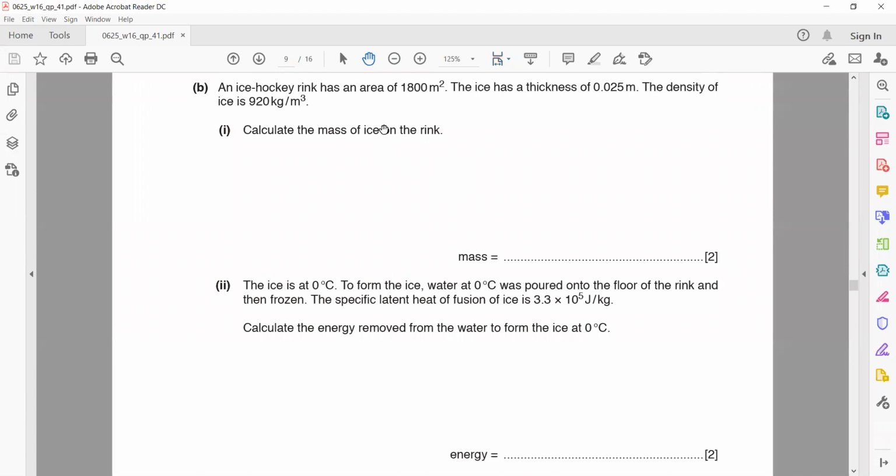B1 and B2 are related, so you have to use: an ice hockey rink has an area of 1800 meters square. The thickness is 0.025. The density is 920. What is the mass? So density is mass over volume. So mass is equal to density multiplied by volume. Always write the formula, because in the distribution of the marks, you will find 1 mark is for writing that formula.